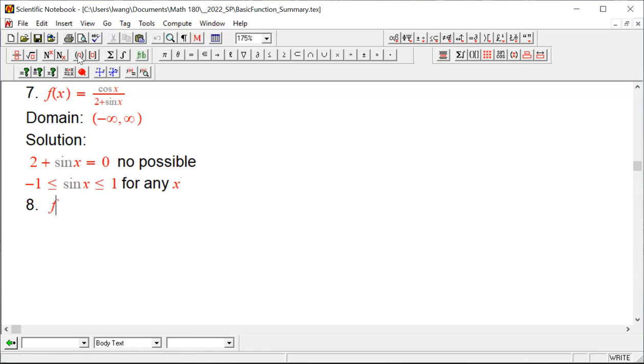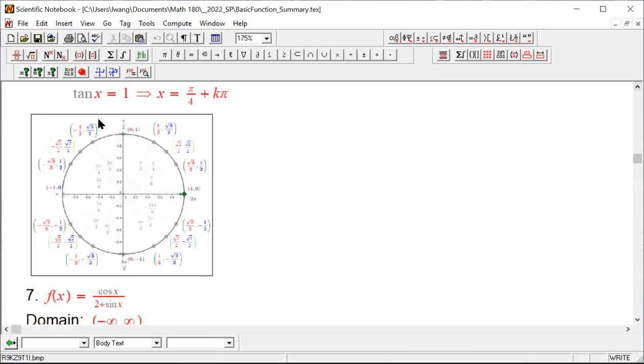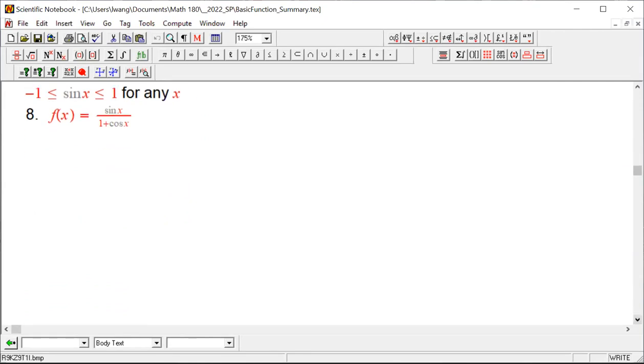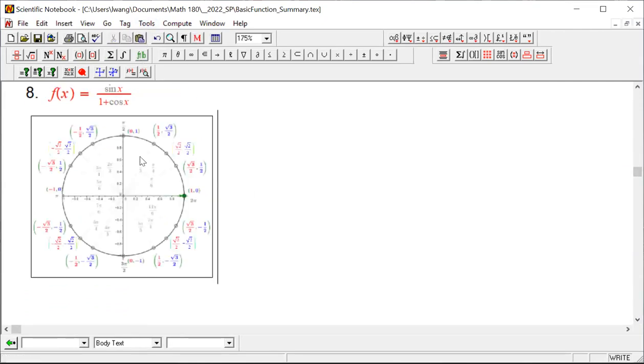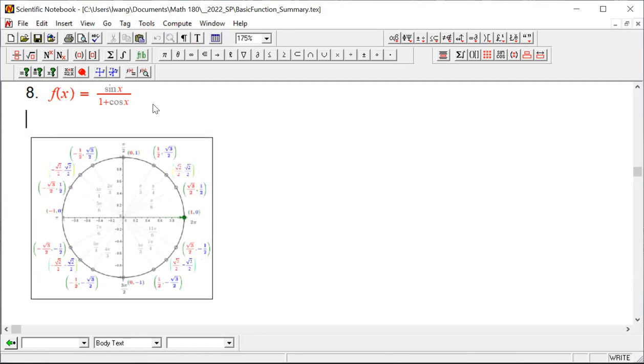Okay, a trig function related to determining domain. And this is sine x over 1 plus cosine x. This time, the denominator may be 0, right? Because the range of cosine x is what? From -1 to +1 inclusive.